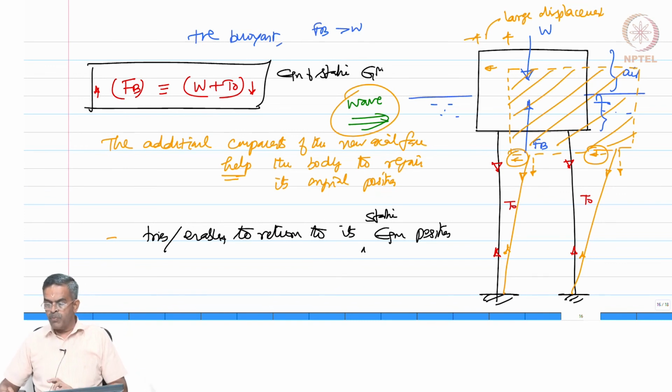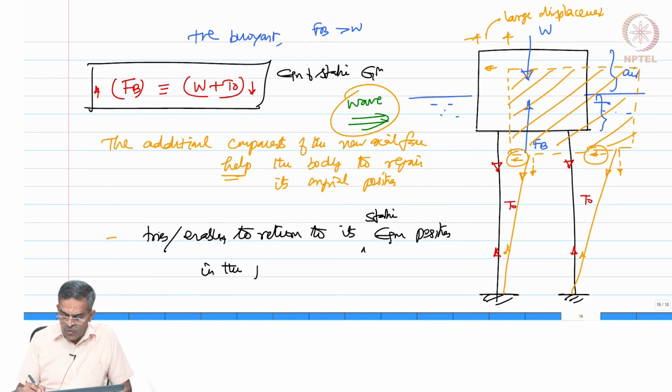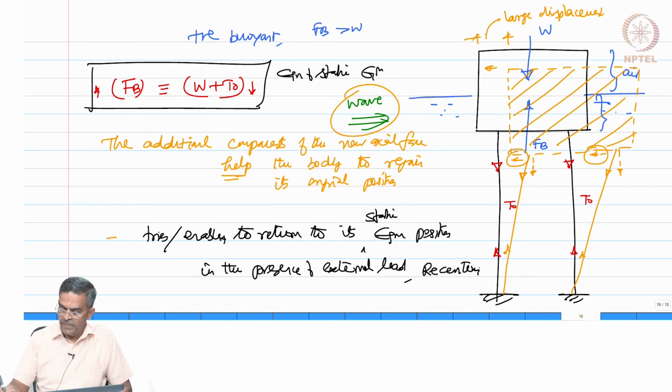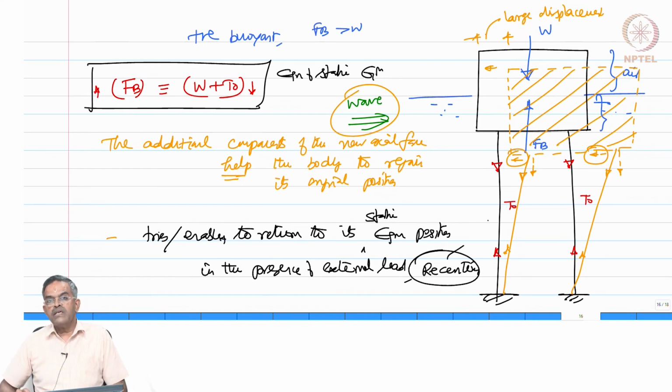If the body possesses a capability to return to its static equilibrium position in the presence of load, then we call that recentering. So, recentering is the geometric ability of a structural system to return back to its static equilibrium position in the presence of external loads, whereas elasticity is a material property.